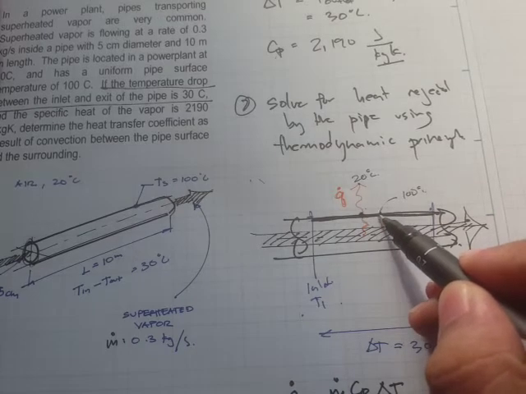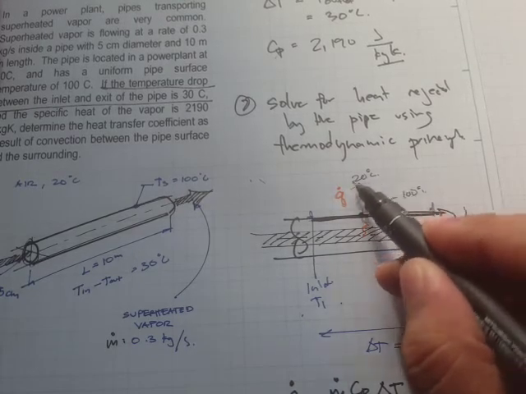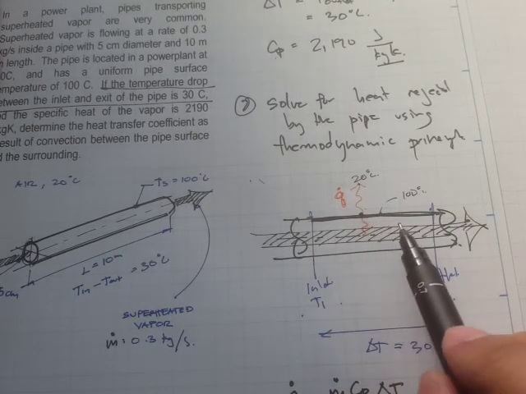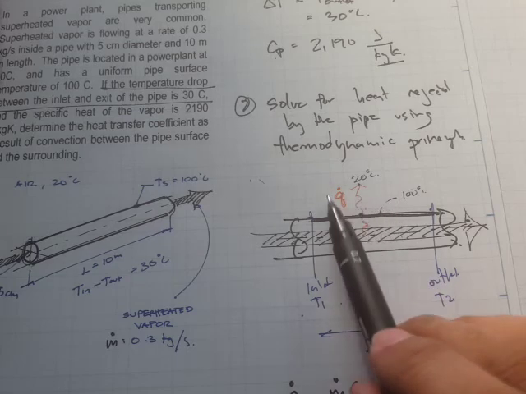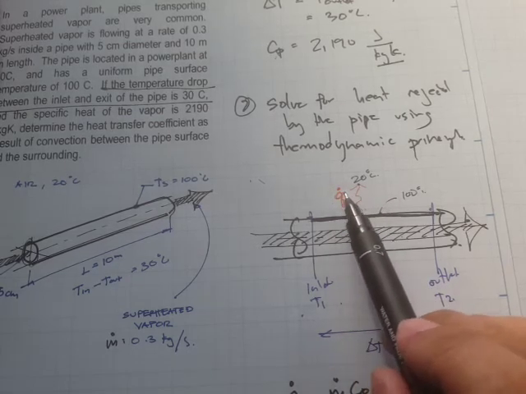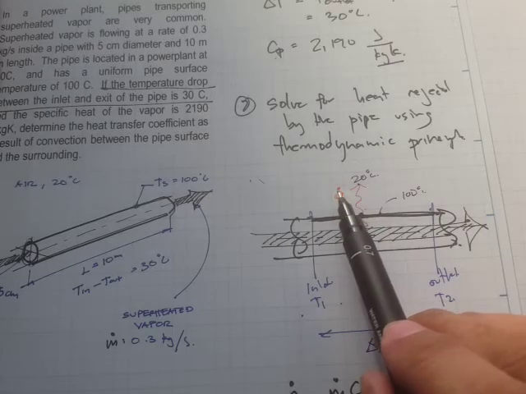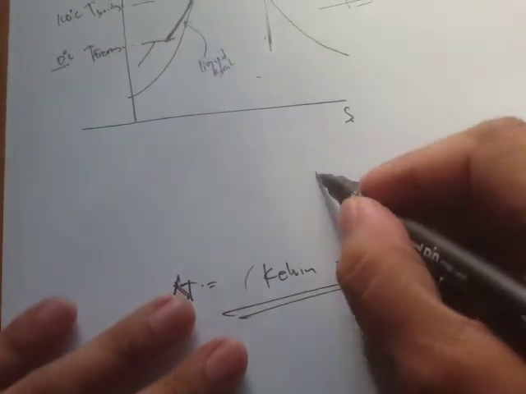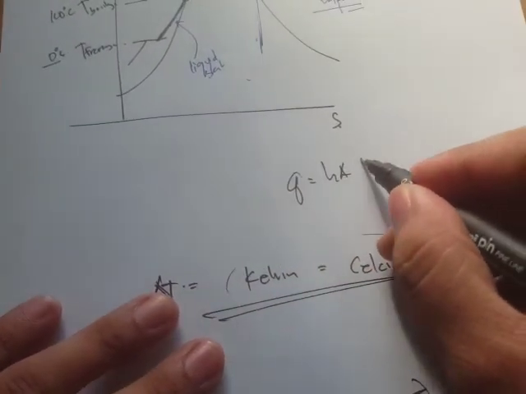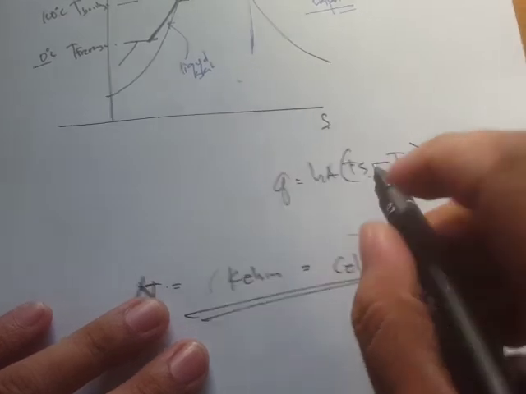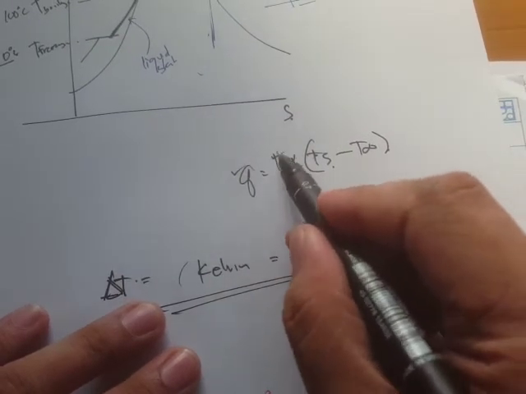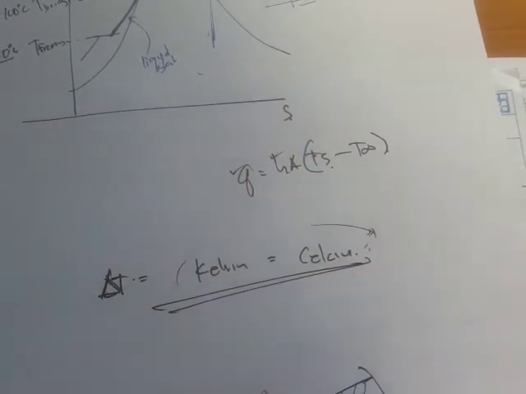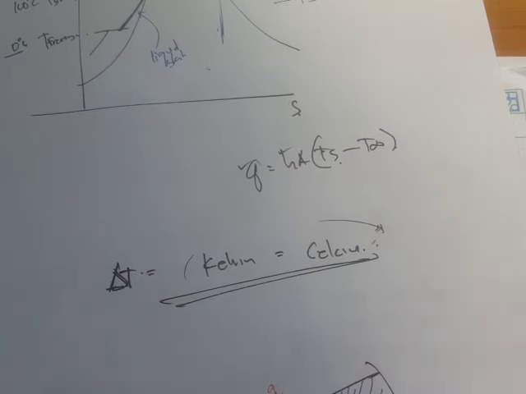We have the surface temperature of 100 degrees C, and the air temperature is 20 degrees C. We have everything except that we need to determine this Q. If we don't know Q and we are asked to find h from the equation Q equals hA (Ts minus T of the fluid), we won't be able to solve that. We'll need two independent equations.